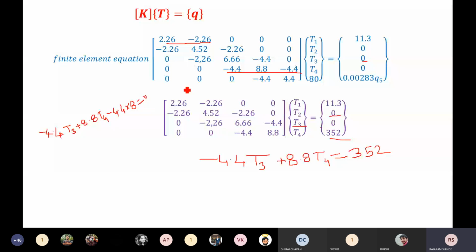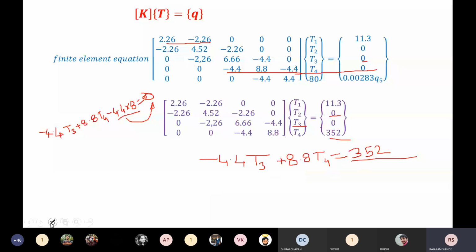This is your fourth equation. Now this product is 4.4 into 80 is 352, and it is negative on left side, and when we take this on positive side, you will get 352 here. So minus 4.4 T3 plus 8.8 T4 is equal to 352.